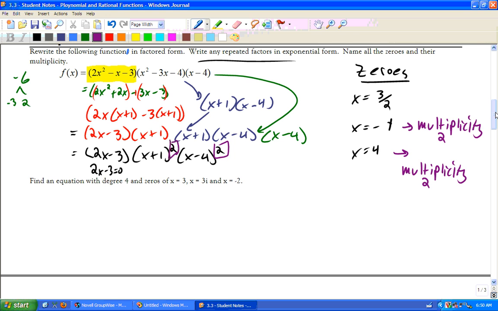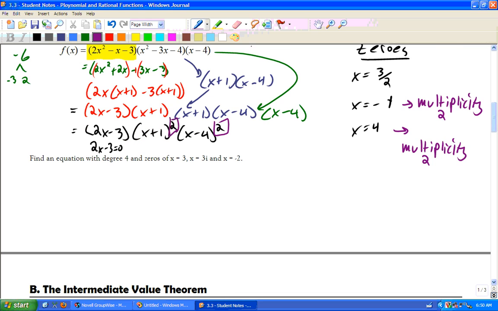Next question says, find an equation with degree 4 and zeros of x equals 3, x equals 3i, and x equals 2. I'm going to start with just our real solutions, x equals 3 and x equals 2. When I'm building this, we'll just call it f of x for some function. The first factor will be x minus 3. Because the second zero is 2, our next factor will be x minus 2.